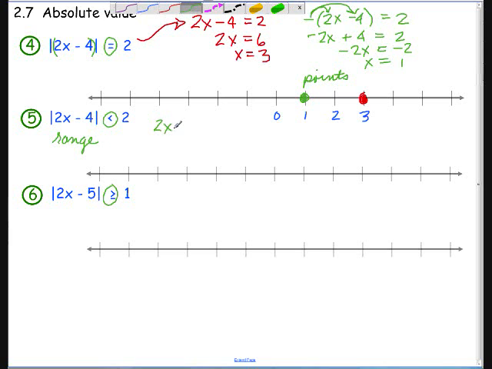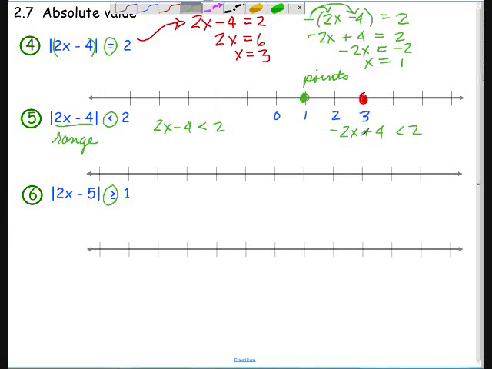All right, so I have a positive version of this. 2x minus 4 is less than 2, and I'm going to have a negative version of this, which is going to be just like up here, isn't it? I'm going to have negative 2x plus 4. That's the negative version of this expression here, is going to be less than 2. Now this gets a little more interesting, I think.